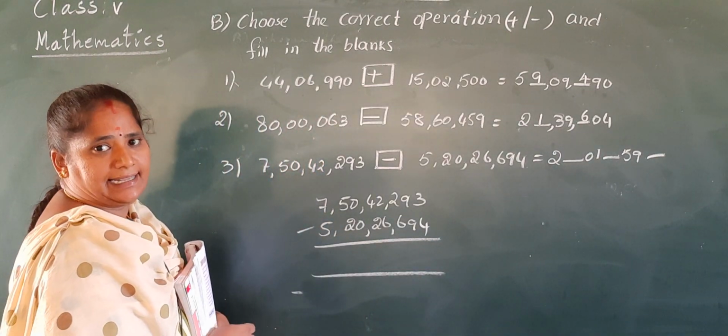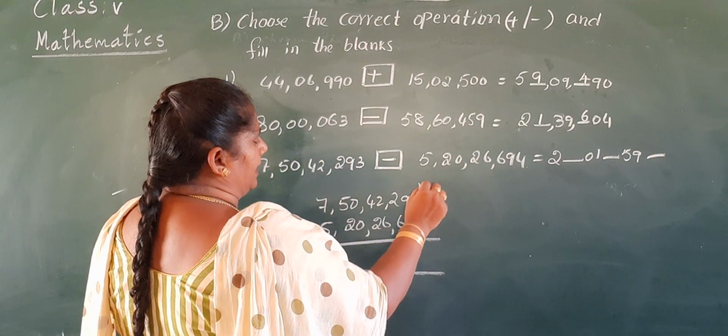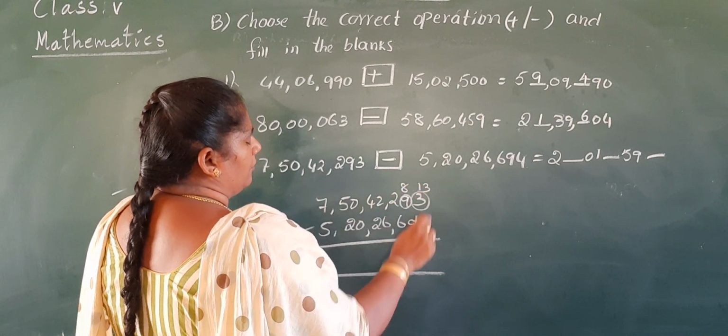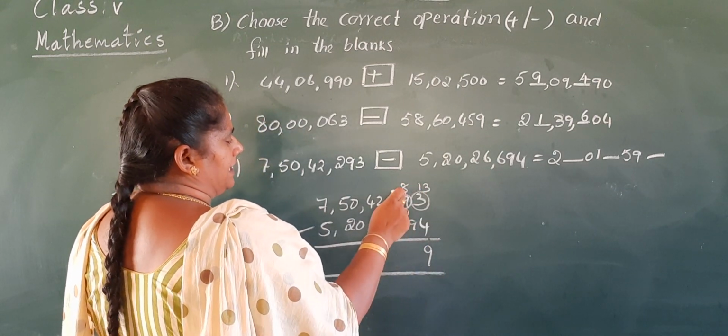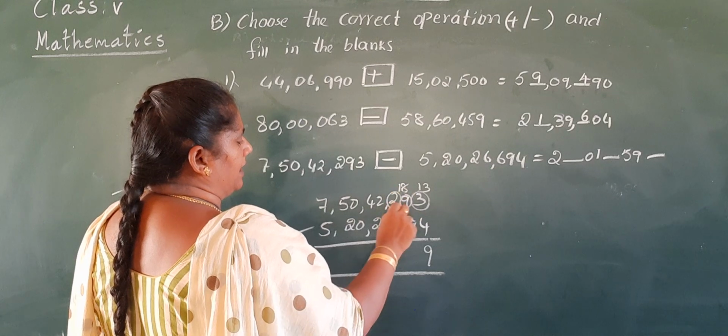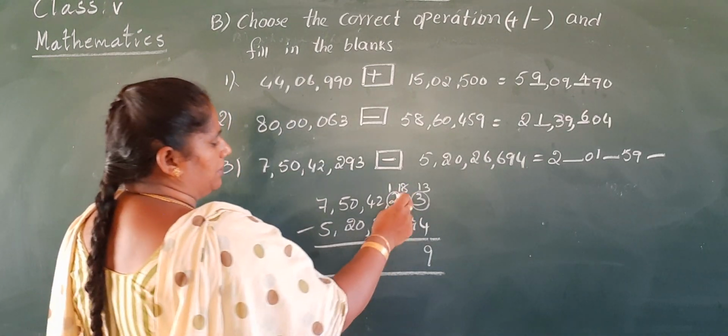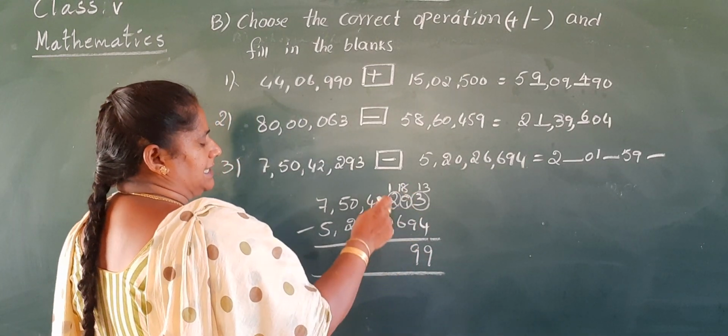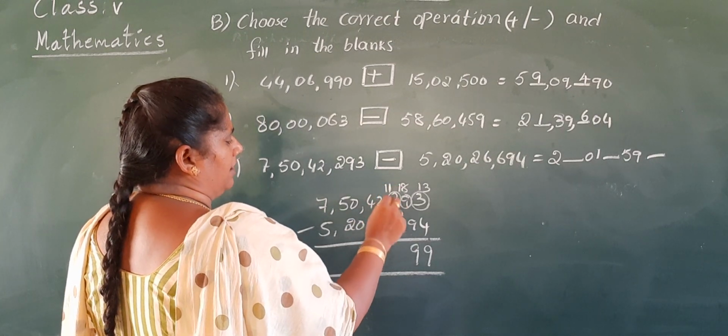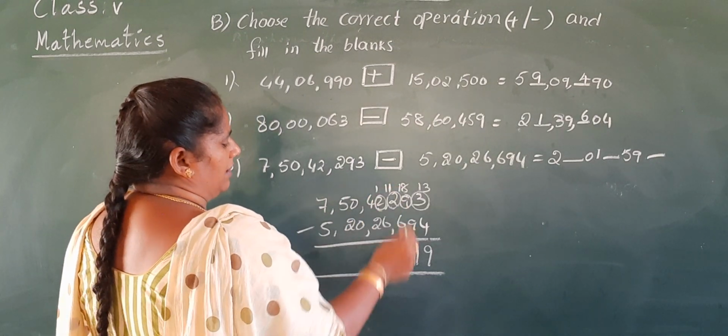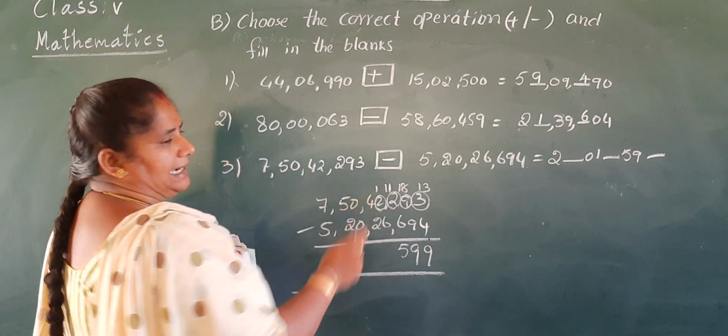4 is greater than 3. So take borrow 13, 8. 4 to 13 is 9. 9 is greater than 8. Again take borrow 18. 2 becomes 1. 9 to 18 is 9. 6 is greater than 1. So take borrow 11. 2 becomes 1. 6 to 11 is 5. 6 is greater than 1.